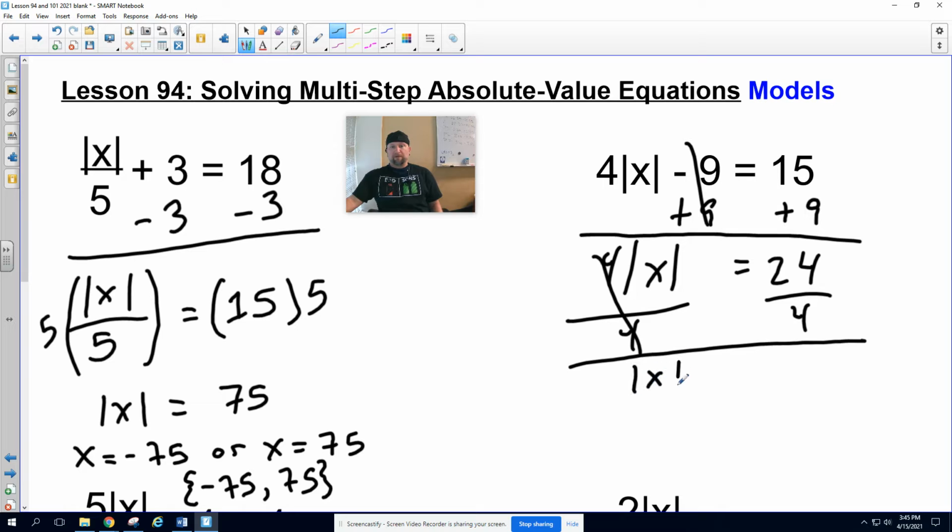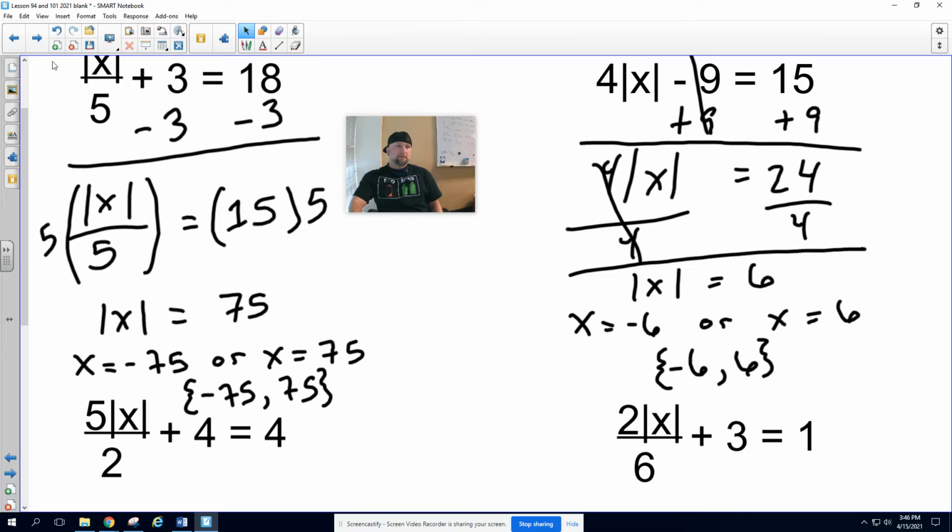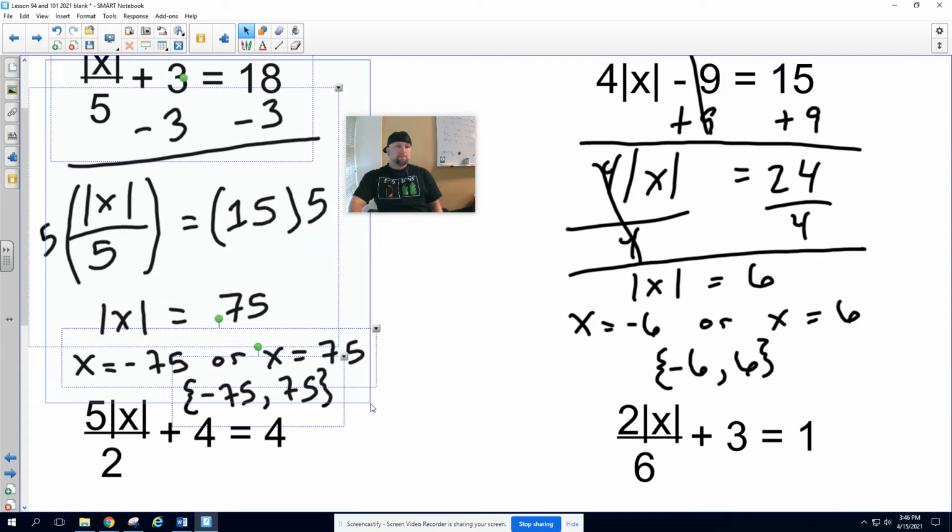We have the absolute value of x equals 6. And then we know that x equals negative 6 or x equals positive 6. So our solution set is going to be negative 6, 6.